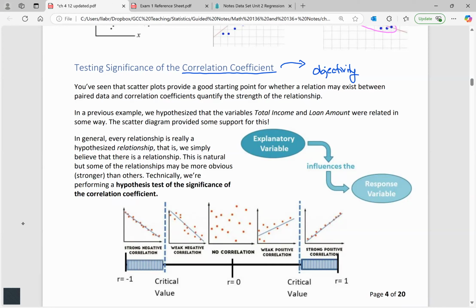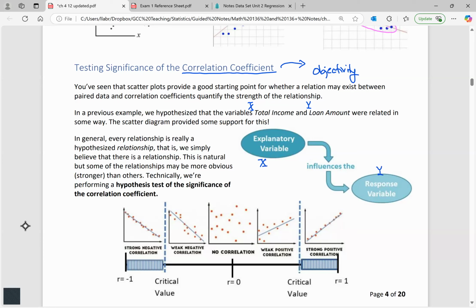However, in a previous example, I said that I believe that total income, my explanatory variable, predicted the loan amount that a person was requesting. Then I can now say, well, if the explanatory variable that you're claiming actually somehow influences the response variable, then there should be evidence of this.